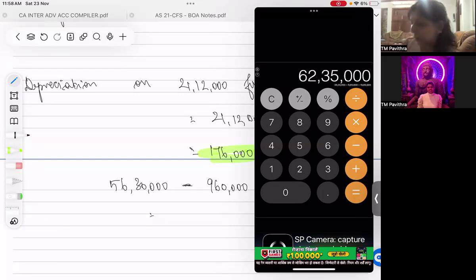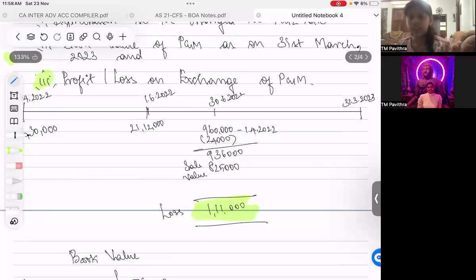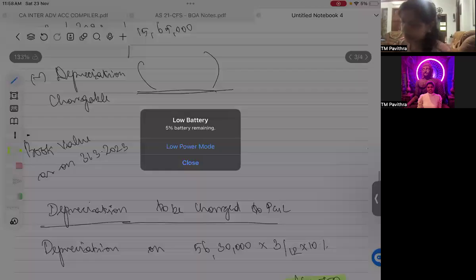It gives us a value of 62 lakh 35,000. Now depreciation is to be charged on this value for how many months? So this is going to be charged for 7, 8, 9, 10, 11, 12, 1, 2, and 3. So this is going to be charged for 9 months.